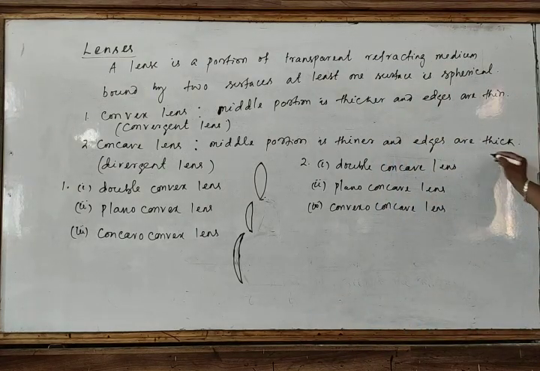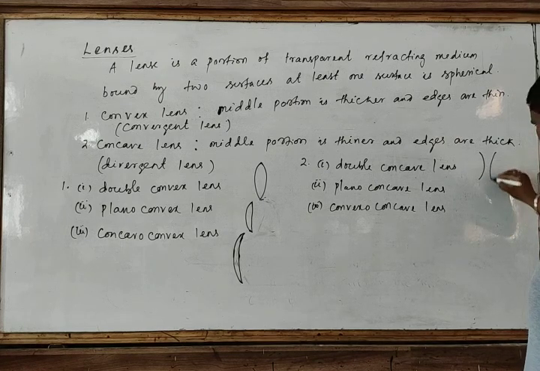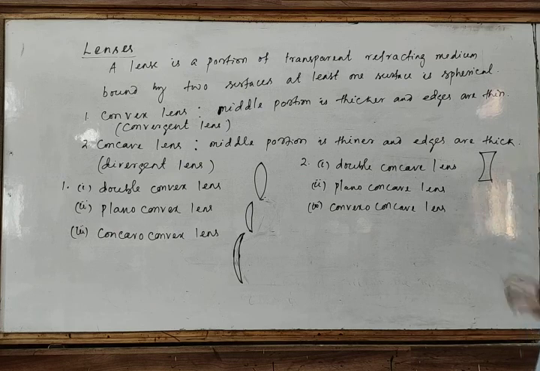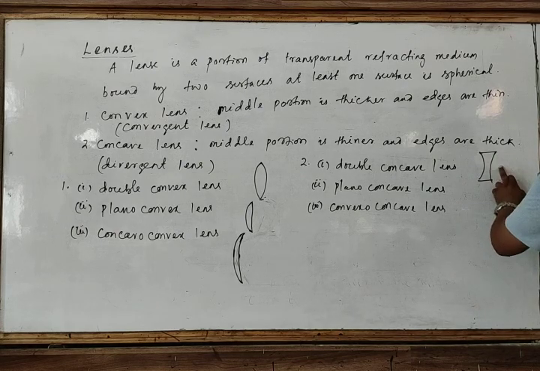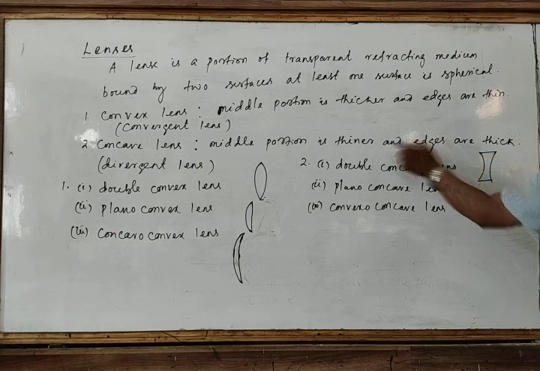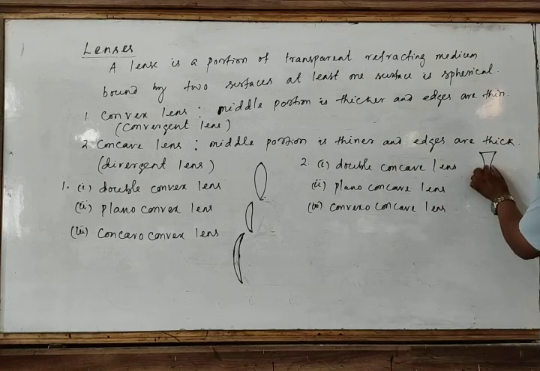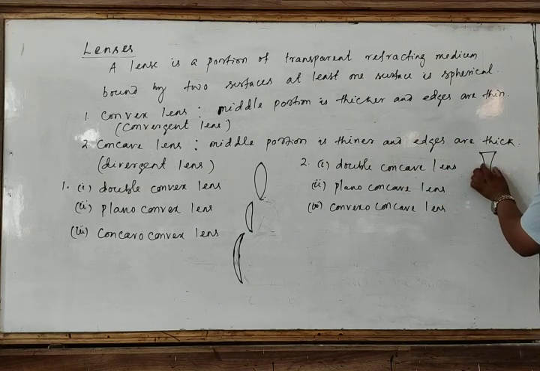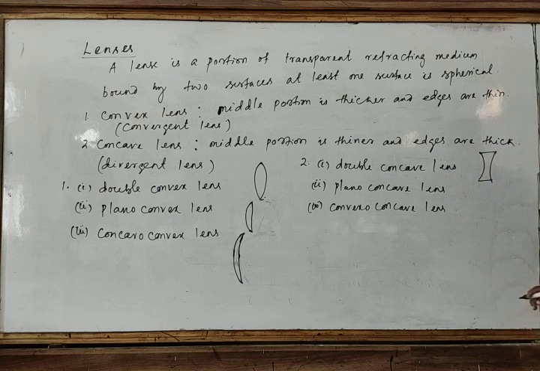Double concave lens: both the surfaces are concave. The middle portion is thin and the edges are thick.